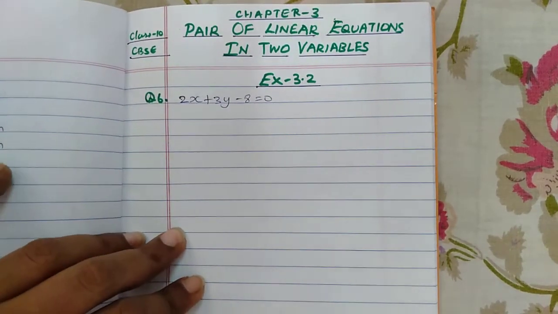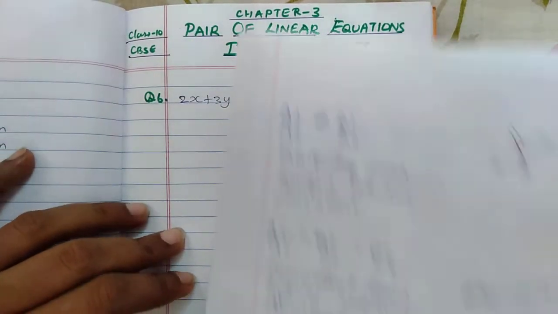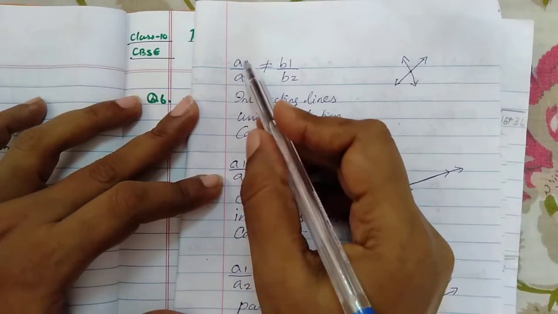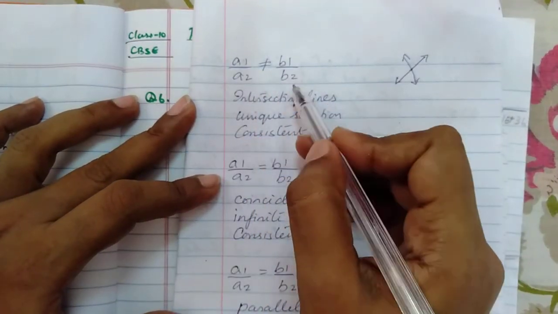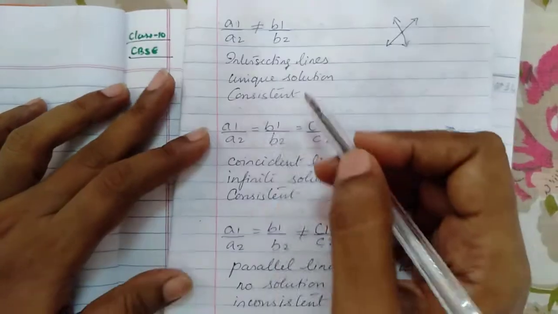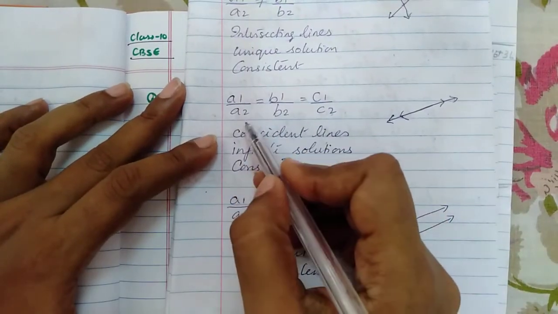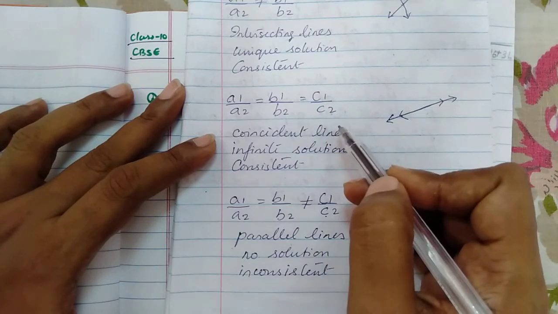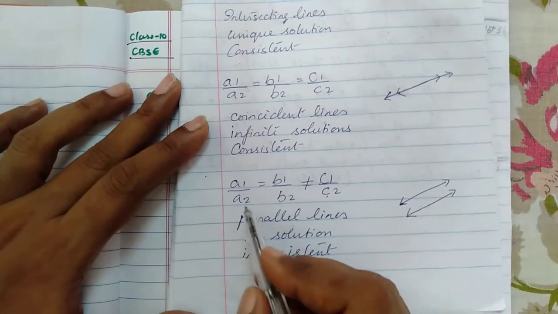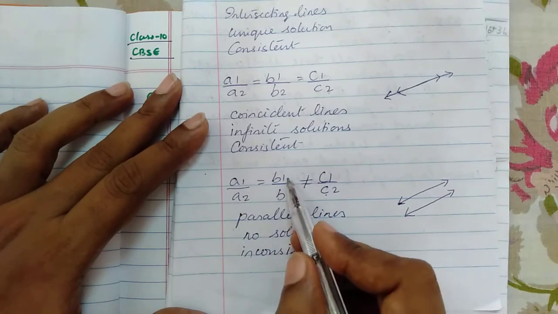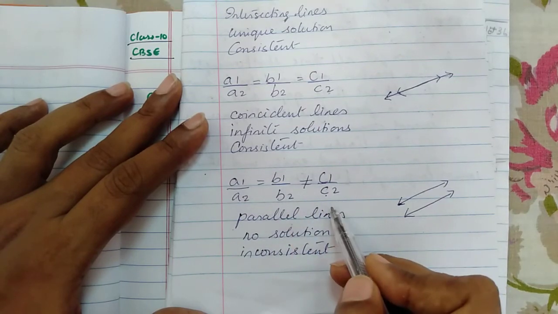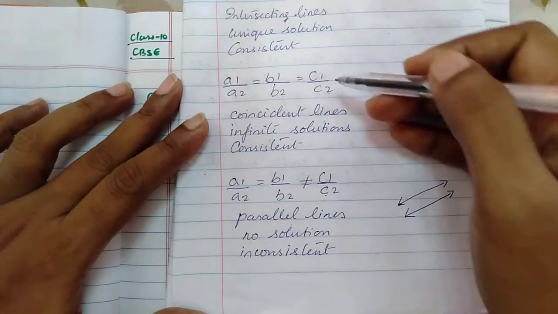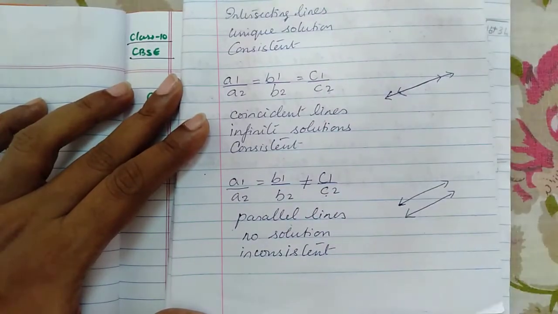One is a1 by a2 is not equal to b1 by b2. Then another one is a1 by a2 is equal to b1 by b2 is equal to c1 by c2. Then the other one is a1 by a2 is equal to b1 by b2 is not equal to c1 by c2. These three conditions will give you different solutions.